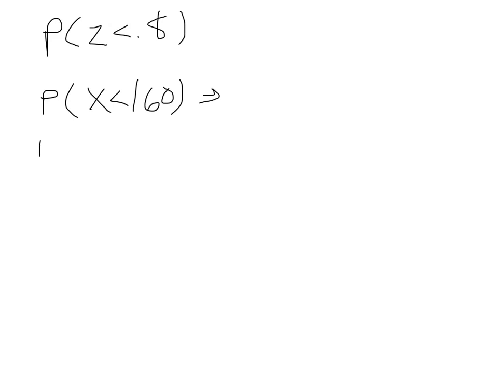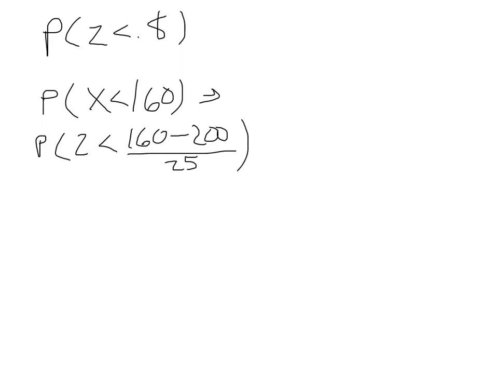We'll get to probability that z is less than 160 minus 200 over 25. This is now negative 40 over 25. I have my calculator here, and that's negative 1.6. So now we need the probability that z is less than negative 1.6. So the numbers we're looking for are 0.8 and negative 1.6.